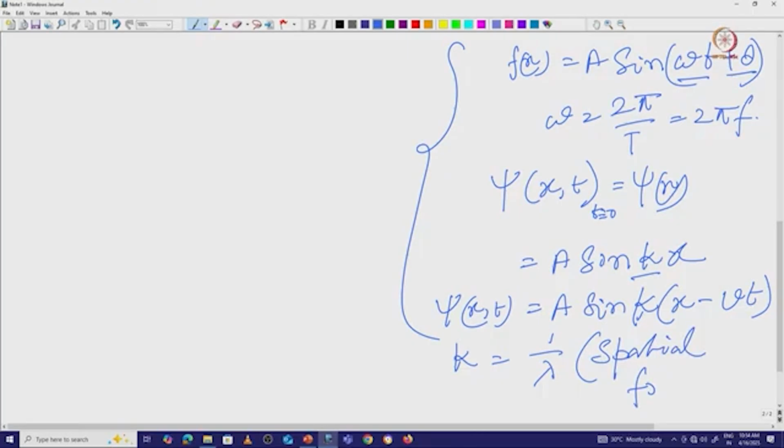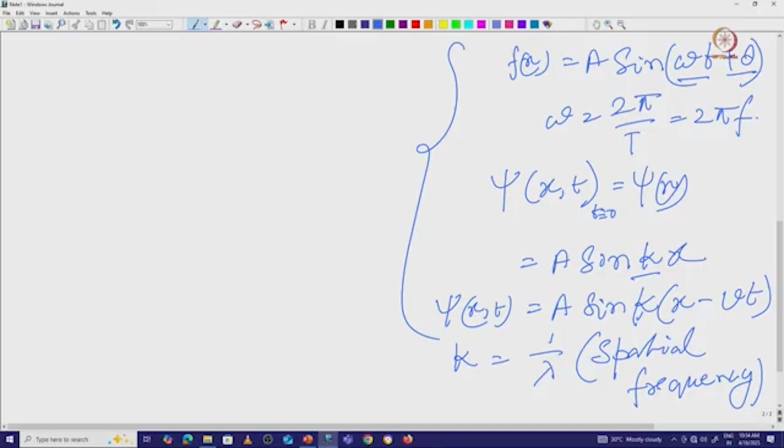Now let us take a look at when there is a wave going in the x and y direction, and in a phasor diagram we want to plot it and calculate the angle from that.